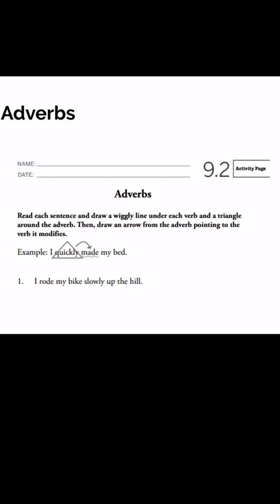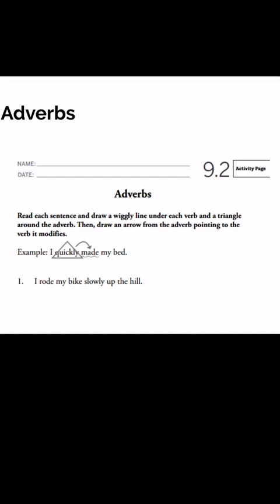First, identify the verb, which is made. They drew their wiggly line under made because it is the verb. Okay, what word is describing made? Quickly. That is the adverb. That's why they drew the triangle around quickly. Okay, and quickly is describing made, so we draw an arrow from quickly to made.